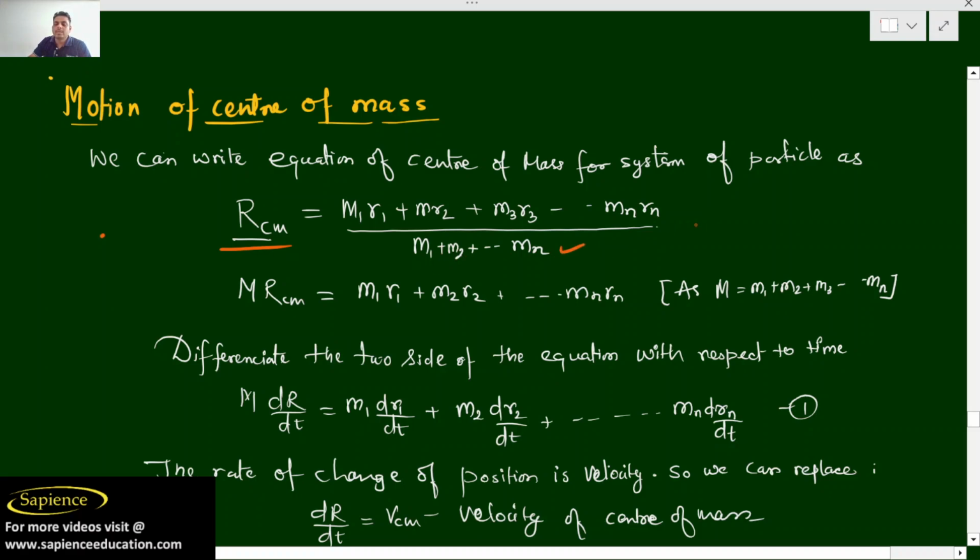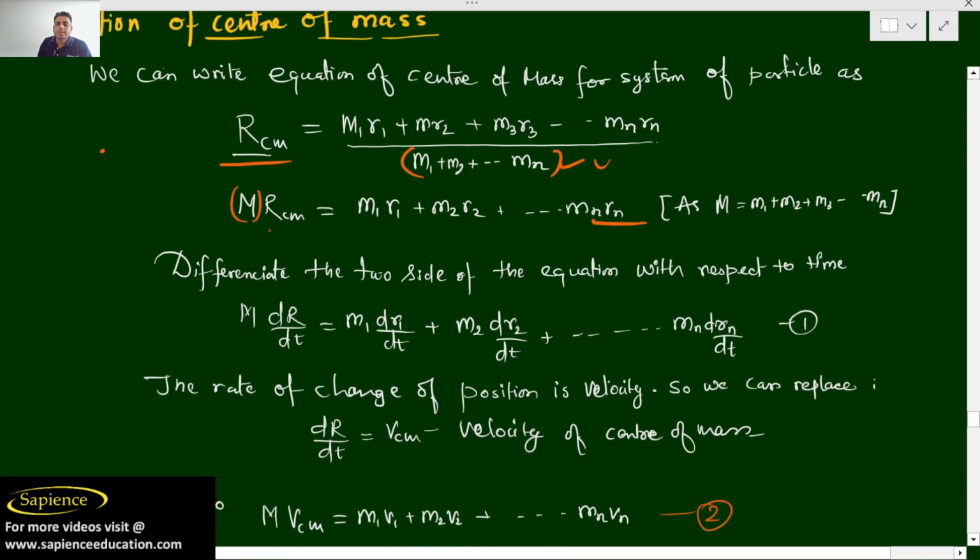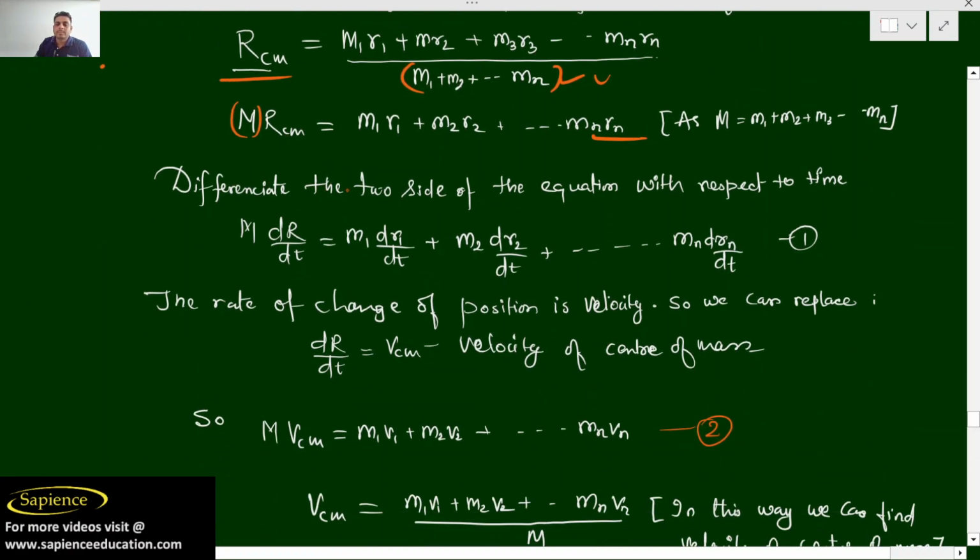As I have discussed earlier, this is your total mass, M1 plus M2 plus M3, the total mass of the system. So we can write M into R_CM equals M1 R1 plus M2 R2 plus dot Mn Rn. Now we will differentiate this whole equation with respect to t.